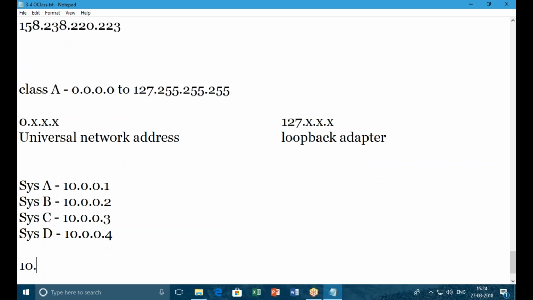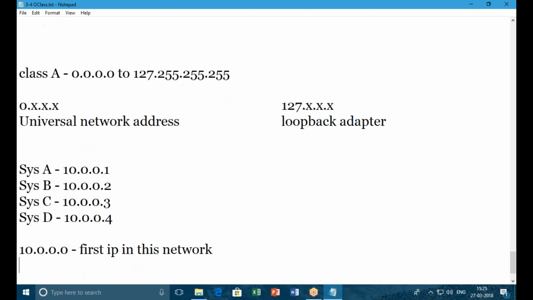In this 10.network, the starting IP address on this network will be 10.0.0.0, with all the host bits being zeros. It will be the first IP in this network. And 10.255.255.255, with all the host bits being ones, will be the last IP in this network.